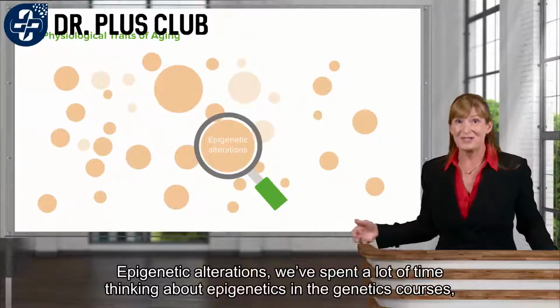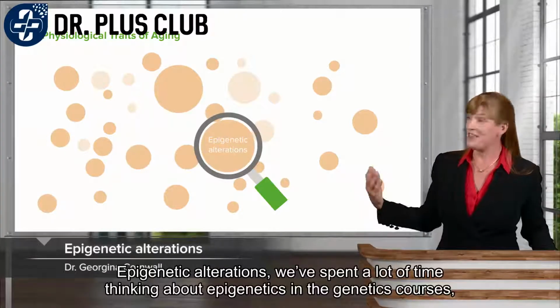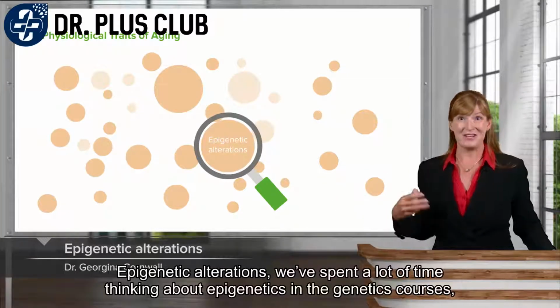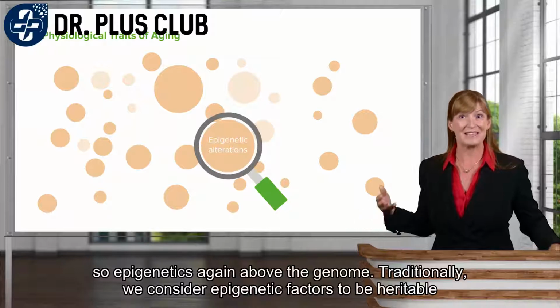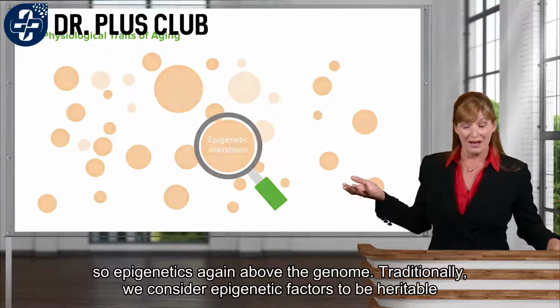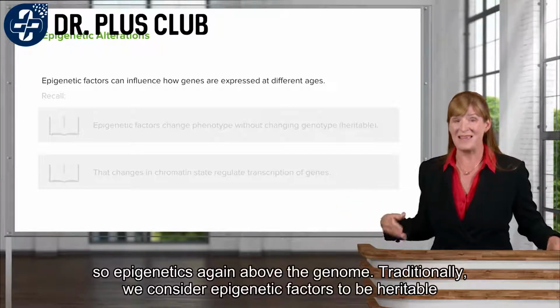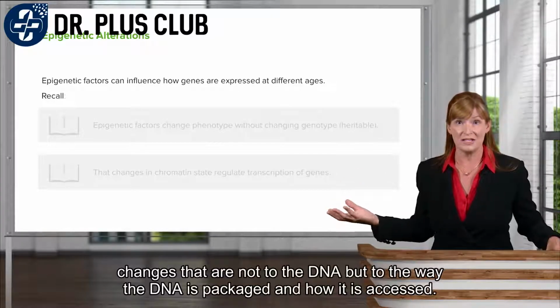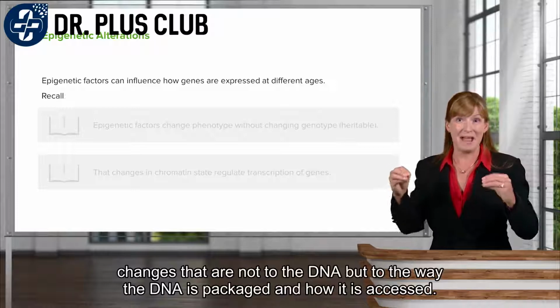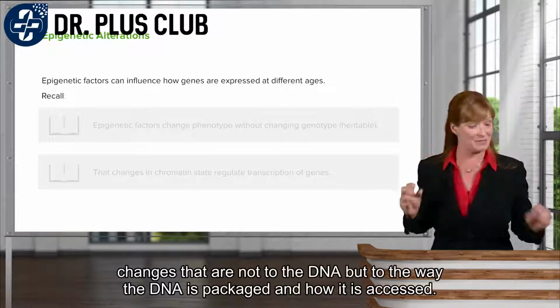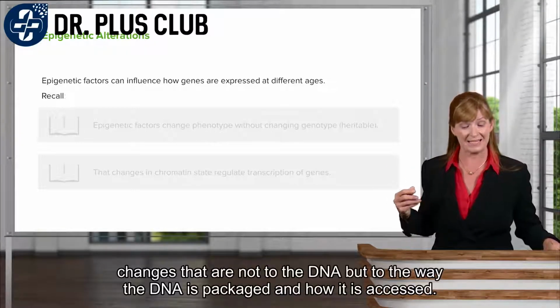Epigenetic alterations. We've spent a lot of time thinking about epigenetics in the genetics courses. So epigenetics, again, above the genome. Traditionally, we consider epigenetic factors to be heritable changes that are not to the DNA, but to the way the DNA is packaged and how it is accessed.